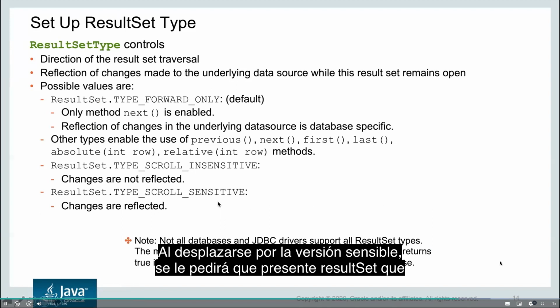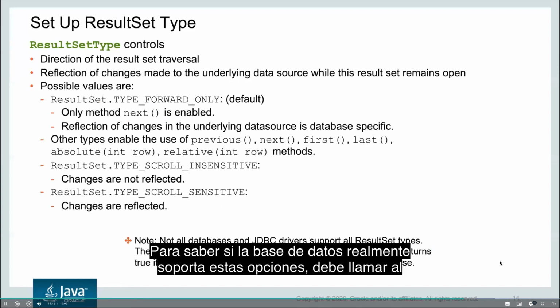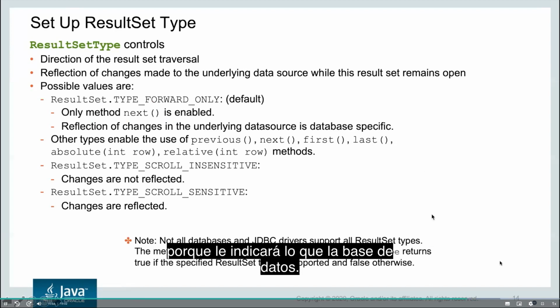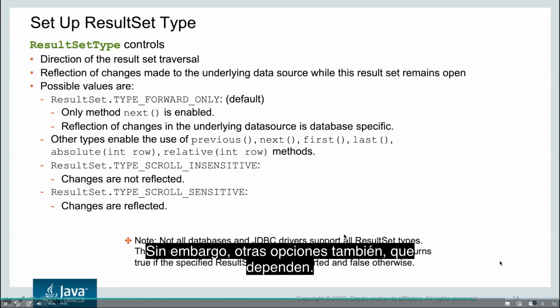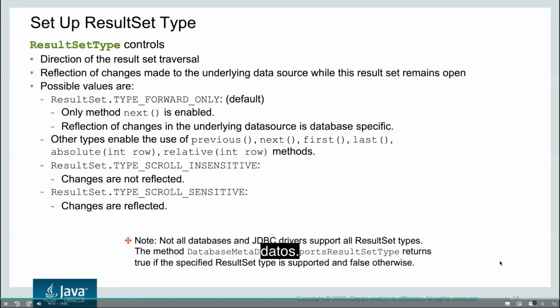And scroll sensitive version will ask you to present a result set which does reflect changes that occurred in the underlying database. To find out if your database actually supports these options, you should call the database metadata supportsResultSetType method, because then it will tell you what the database does. Yeah, you would know if it supports these regimes. The default option works with any database, but then these other options, well, that depends. Yeah, so you can check the result set type support for that database.